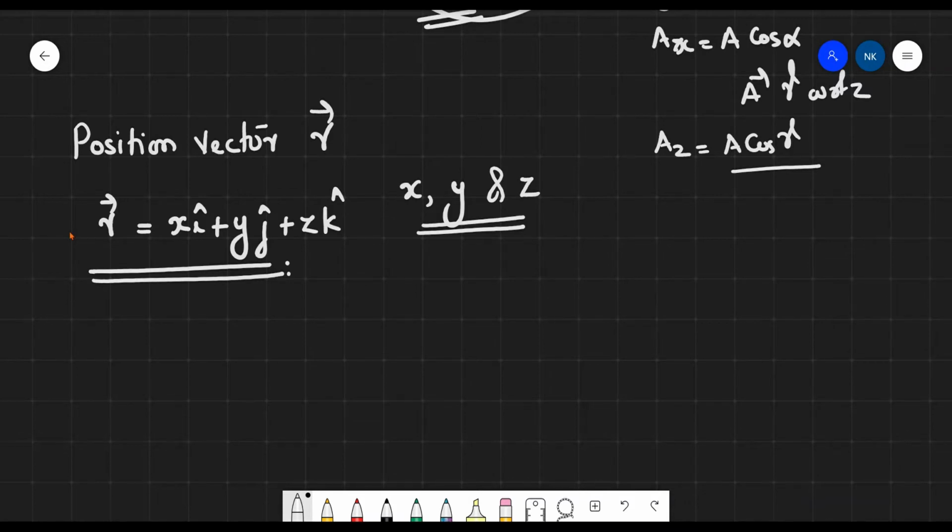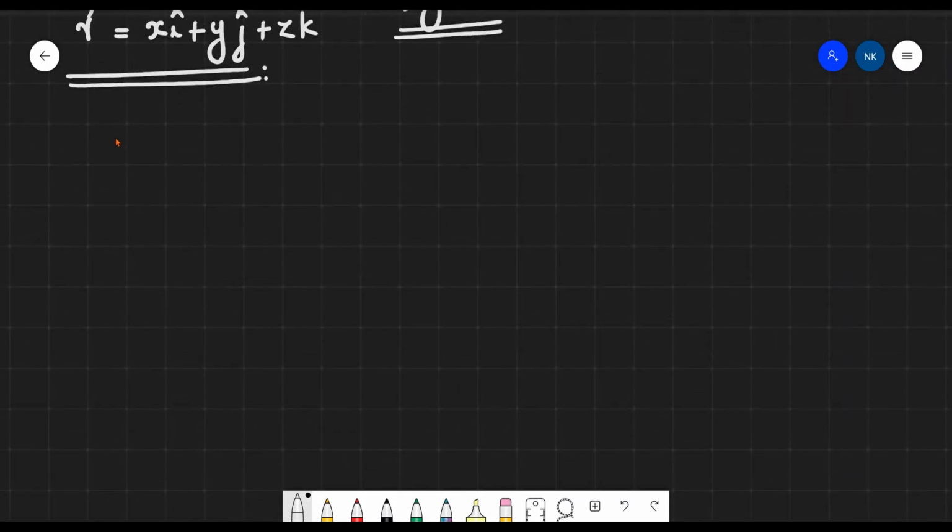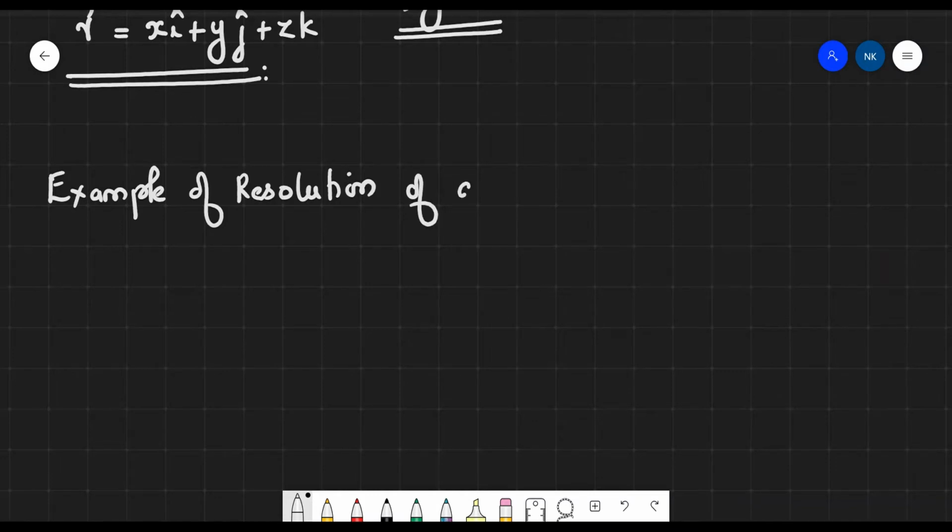Okay, now let me discuss one of the most important and familiar practical examples of representation of a vector. So here is an example of resolution of a vector.